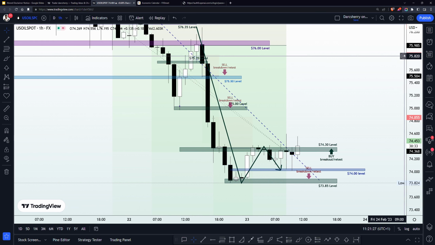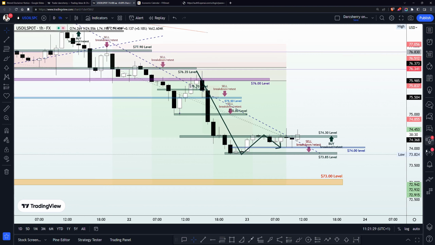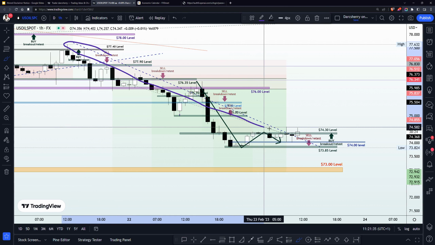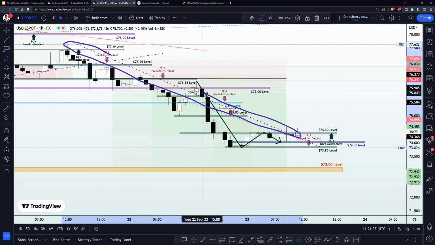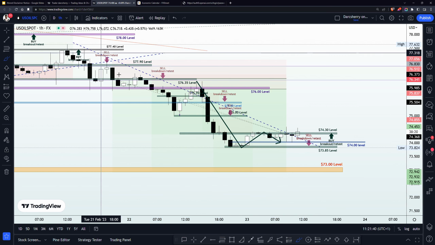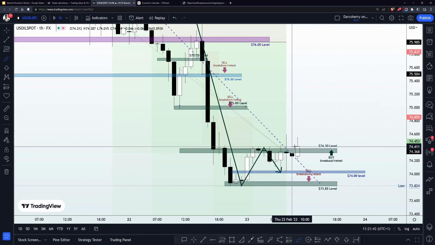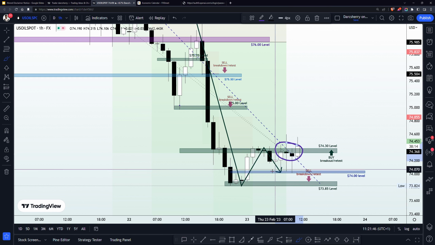Remember, we had this bearish trend line. Let me zoom out so that we can see what I'm talking about here. So you can see the bearish trend line since the beginning of this week, and currently price is trading around that area.